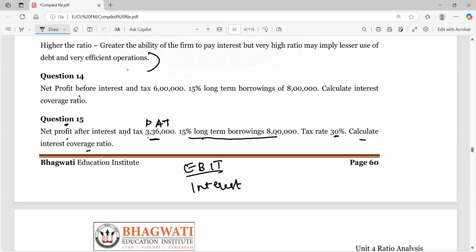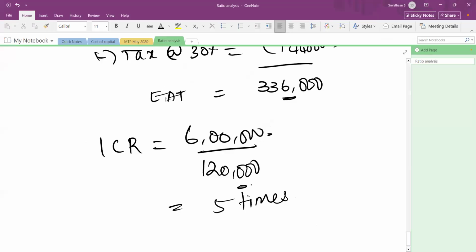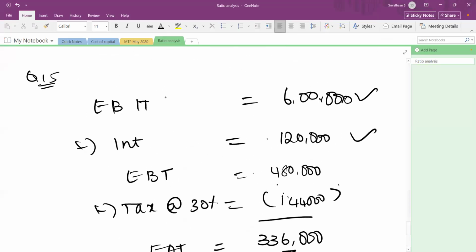Now look at this interpretation, everyone. You can understand it much better. For example, if interest coverage ratio is 5 times, that is what we calculated, it implies that even if the EBIT decreases by 80%, the firm will still be able to pay the interest out of profits. The current EBIT is 6 lakh.